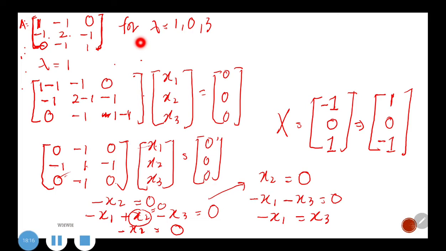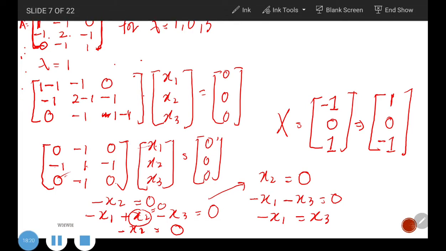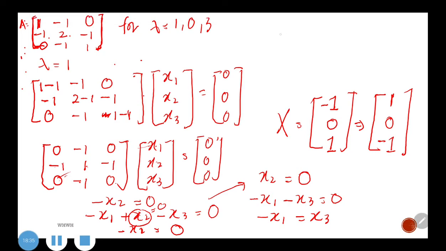Boleh juga. Okay, as long as x1 and x3 are in the opposite direction. Okay, hope I make you all clear lah. Okay, we're done with lambda equals to 1. So you just pilih lah mana-mana satu. Then if you want to prove, then go ahead. You can also prove that your answer is correct. Ax equals to lambda x tadi.